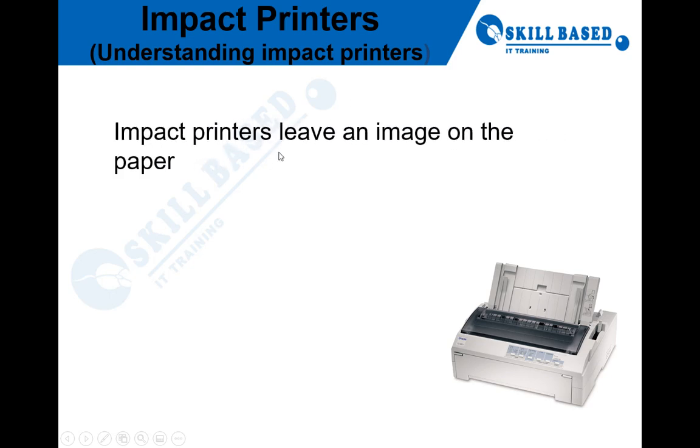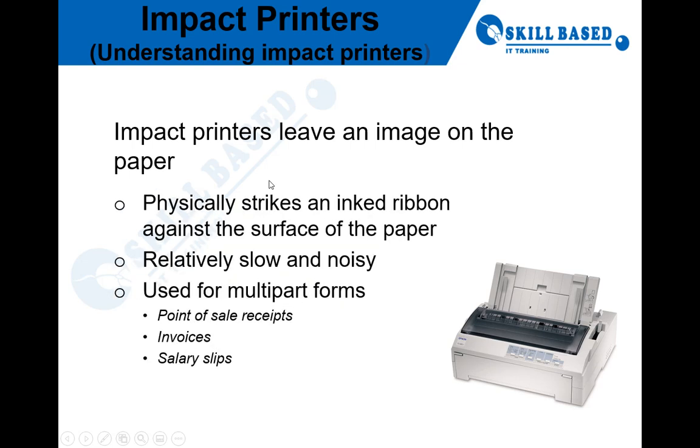Impact printers leave images on the paper, and they physically strike onto the paper. The print head will strike hard on the paper to create pressure, and they will press on the ink soaked ribbon, and only then will they ink the paper. If the print head itself, the mold, directly strikes the paper, nothing will happen because there is no ink.